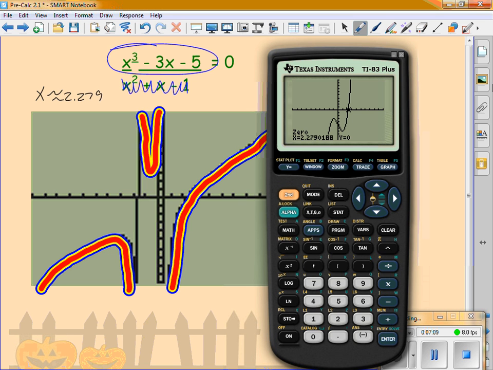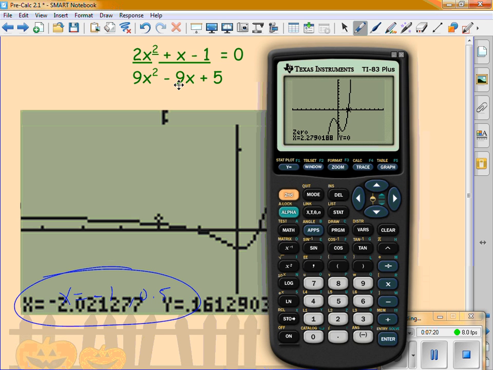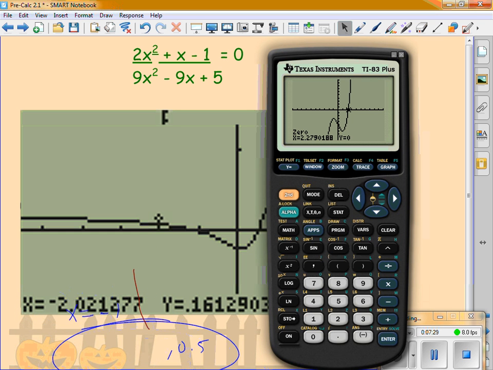Now if I erase this right here, there's 1, there's 2, it's 2 point something, which is the same exact number. What happens if I do that for this problem? If I get rid of the bottom on this one, what happens?